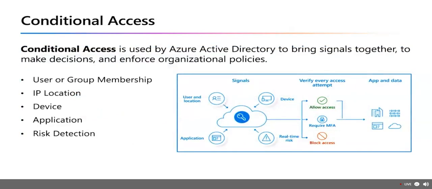Let's talk conditional access. So in conditional access, let's say, for example, you have someone trying to sign in. Let's say you have an employee named Thomas, and Thomas is trying to sign in from his non-corporate device.